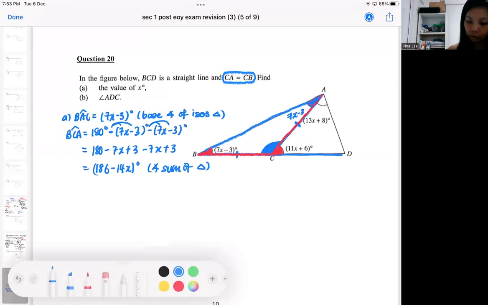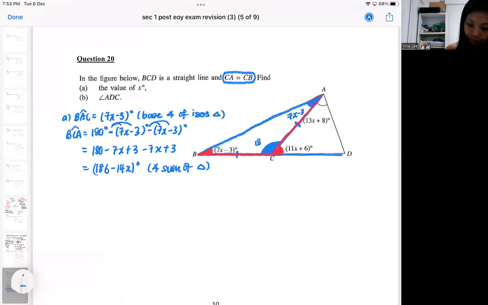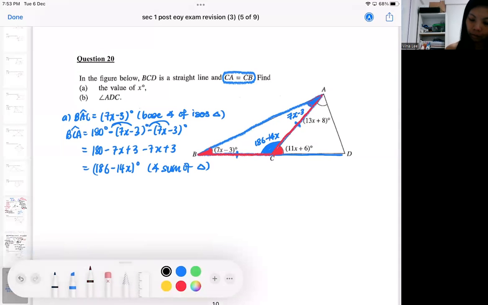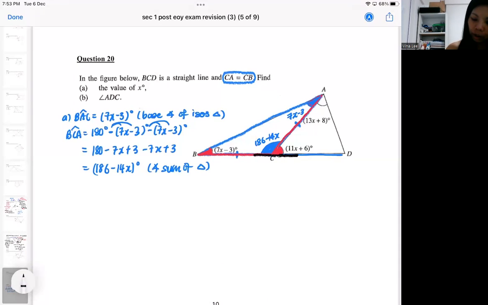And finally, these two angles here are on a straight line. So the two algebra will add up to 180 degrees because of angles on the straight line.